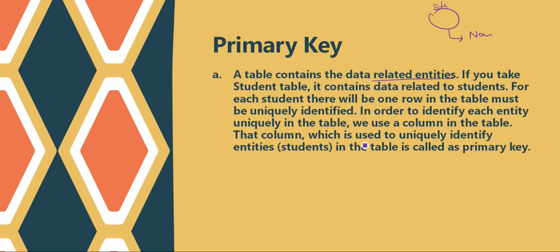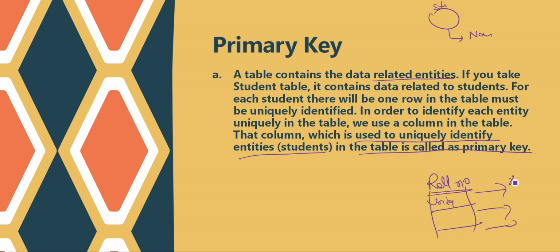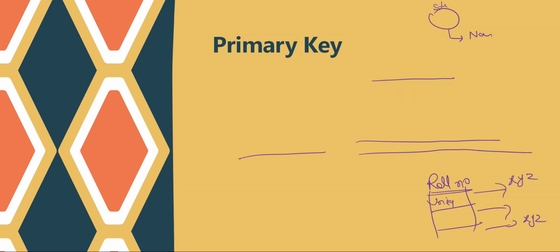That column which uniquely identifies entities in the table is called the primary key. Just as the roll number is used as a primary key because it is unique for each and every student, and it helps us identify each student uniquely, so that this XYZ is not the same as this XYZ. So this column is termed the primary key.